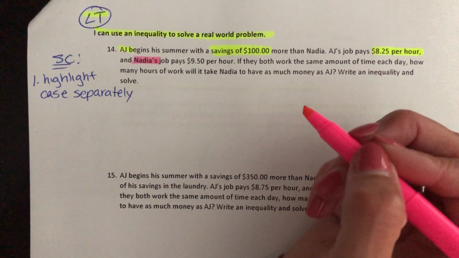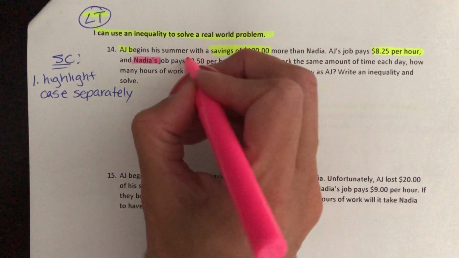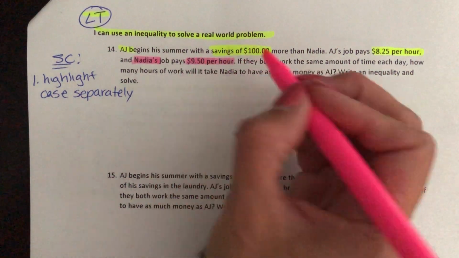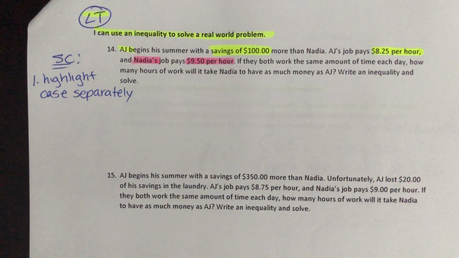So Nadia's job pays $9.50 per hour. So she makes a little more than AJ, but she just doesn't have that extra $100 like he does. And we want to figure out how long is it going to take Nadia to have as much money or more money than AJ.